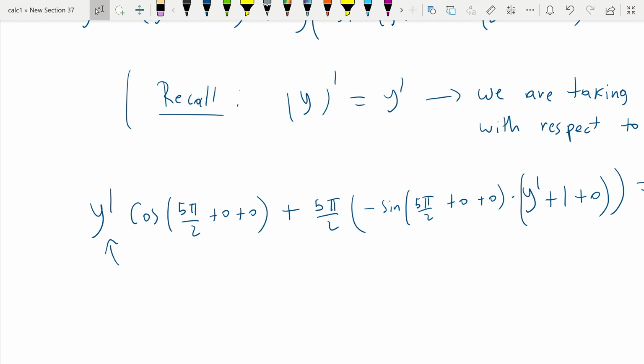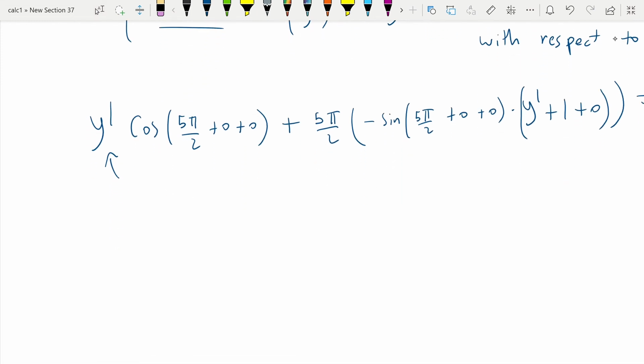Okay, now what is cosine of 5 pi over 2? Well, if you remember the graph of cosine, so this is 0, pi over 2, pi, 3 pi over 2, 2 pi, and 5 pi over 2.